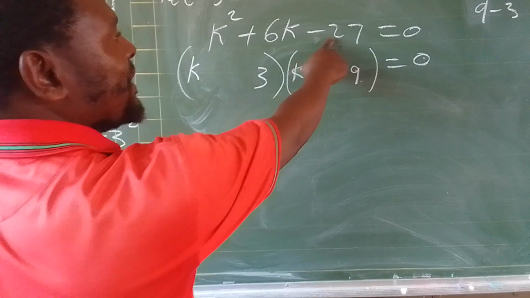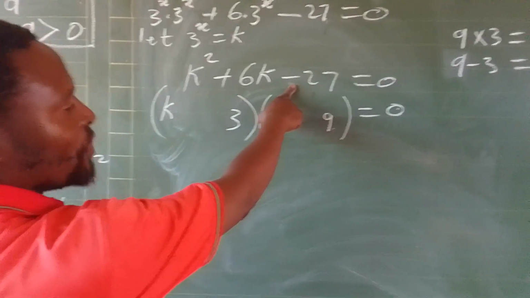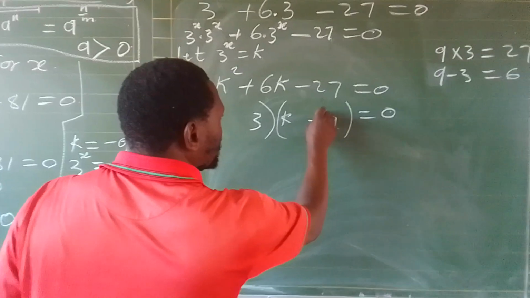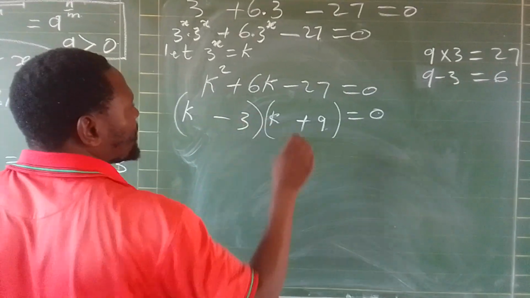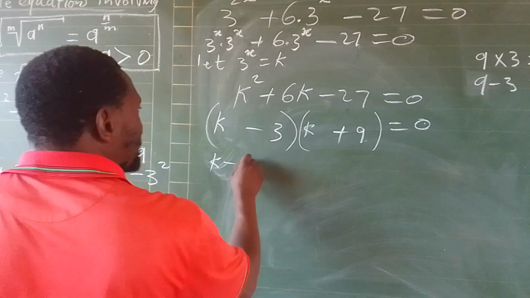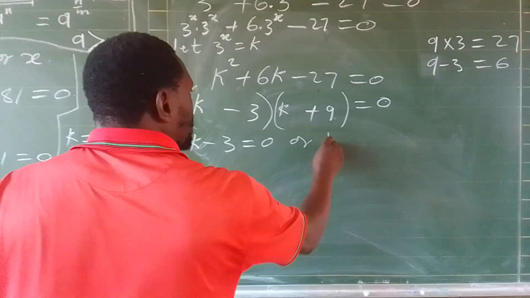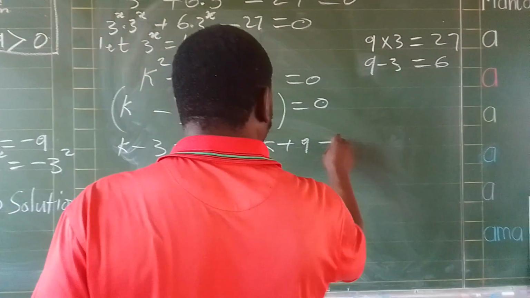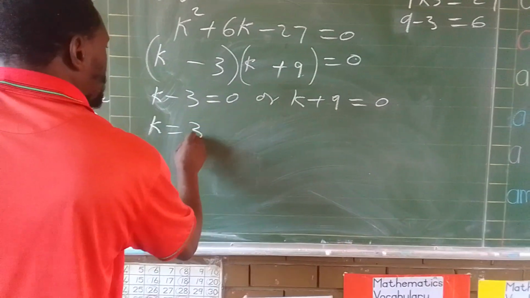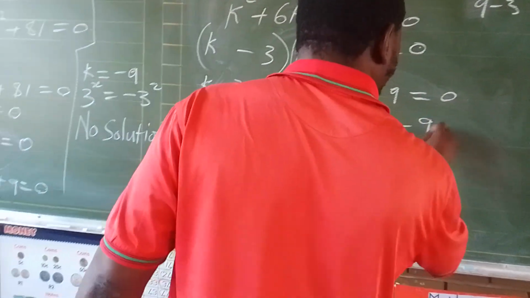Here, the signs must be different, not the same. The bigger one has a positive, 9 is bigger than 3. Now you say k minus 3 is equal to 0, or k plus 9 is equal to 0. Then k is equal to 3, or k is equal to minus 9.